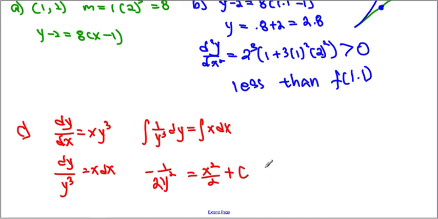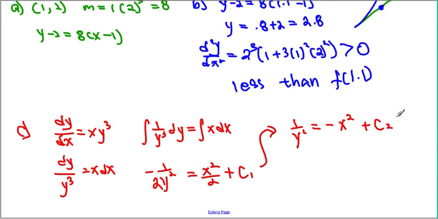Then we end up getting 1 over y squared equal to negative x squared plus c. Notice I put down plus c here, meaning this is not in fact equal to the earlier c. If I called this one c1, then this one would be c2. But since both of them are unknown, we can just assume that they are c, which we're going to calculate rather quickly, very soon.